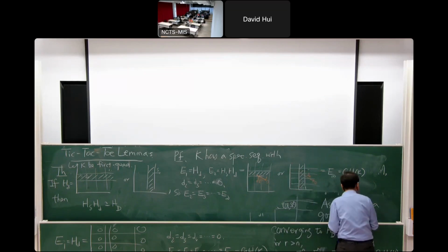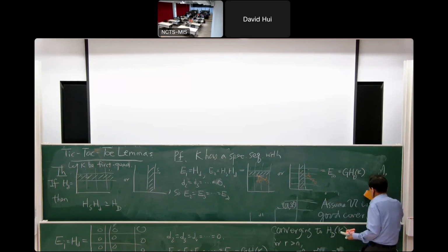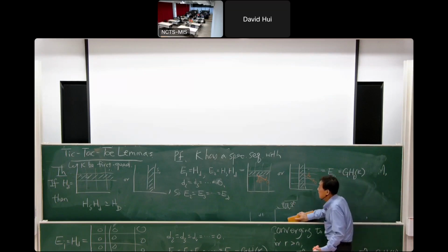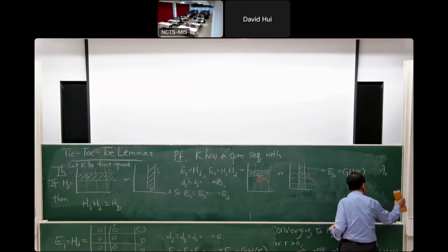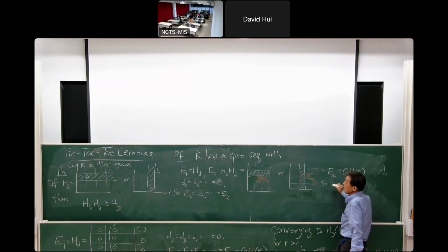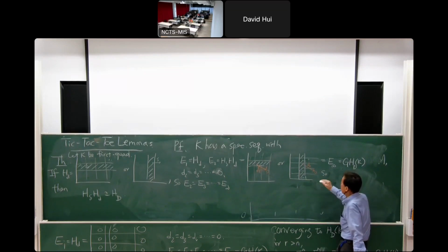So that is going to imply, as before, that E infinity K is going to be E2K.